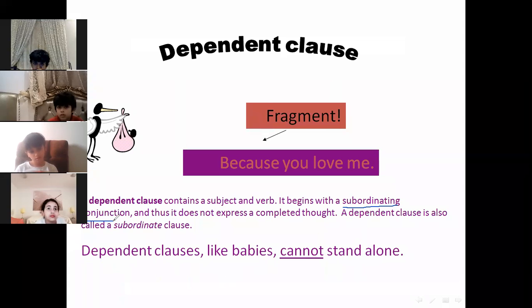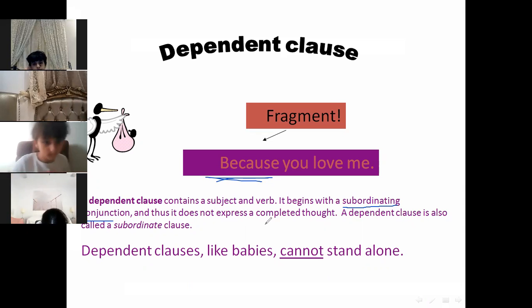The subordinating conjunction comes at the beginning of the dependent clause, and it doesn't express a complete thought or idea: because you love me. It's a fragment. So the dependent clause is also called a subordinate clause. Why do we call it a subordinate clause? Because it begins with a subordinating conjunction.